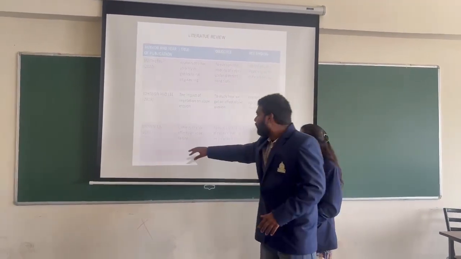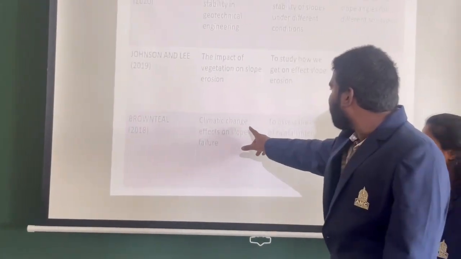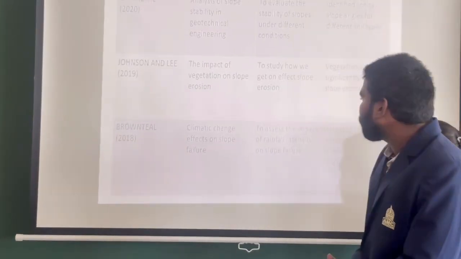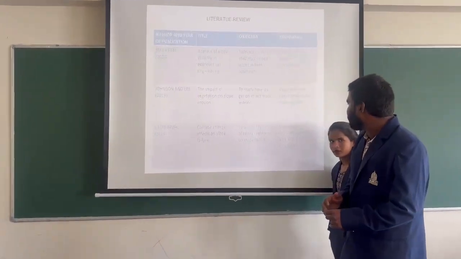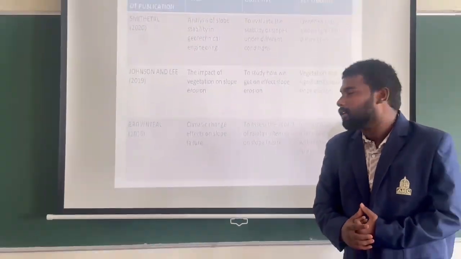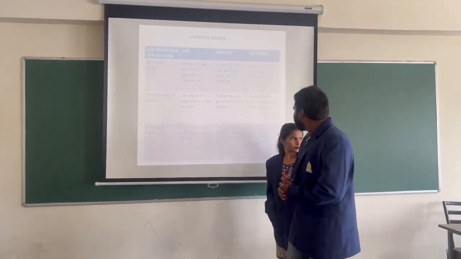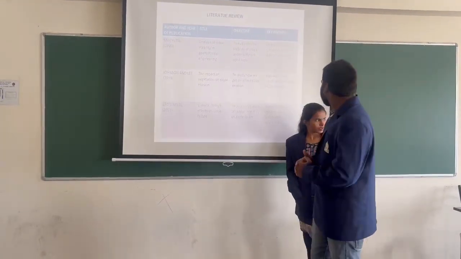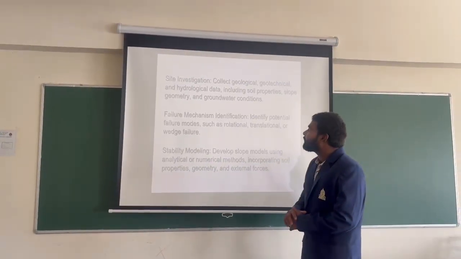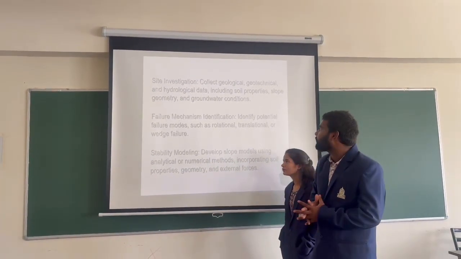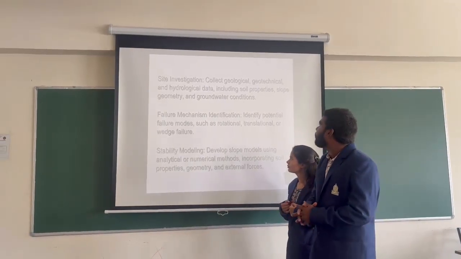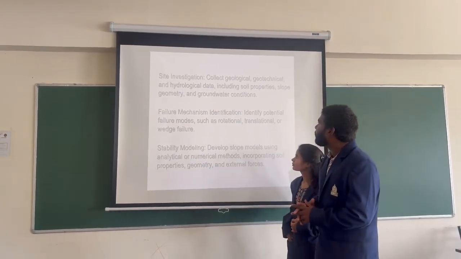Then in 2018, broad-scale climatic change effects on slope values were studied, to assess the impact of rainfall intensity on slope values. Increased rainfall intensity correlates with reduced stability.